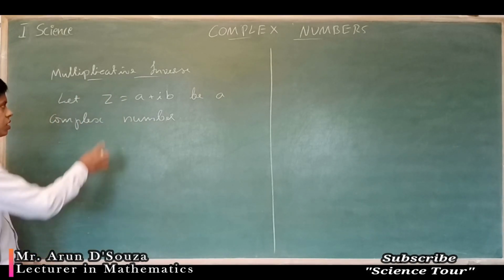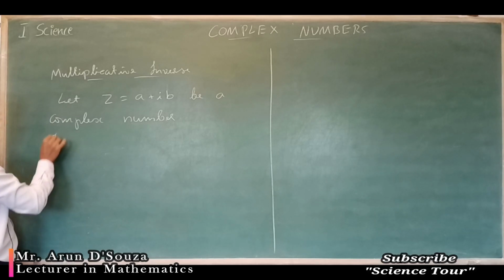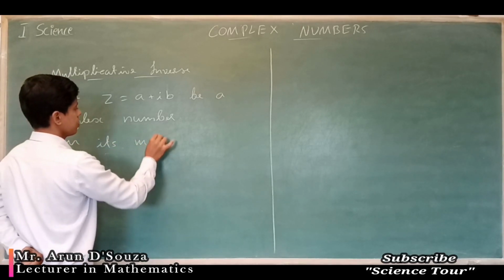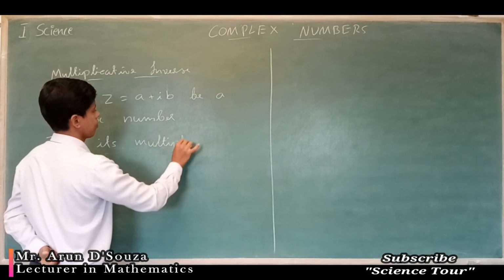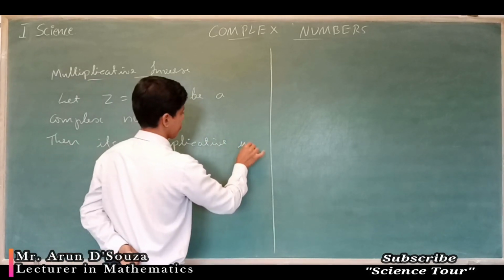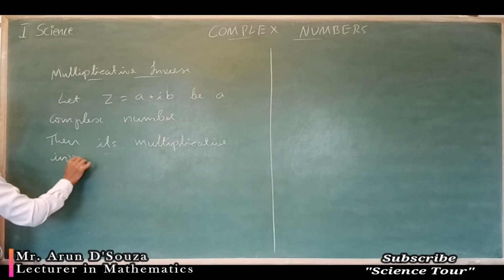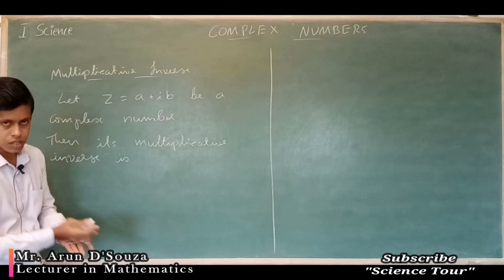Now, if z is a complex number, what is its multiplicative inverse?